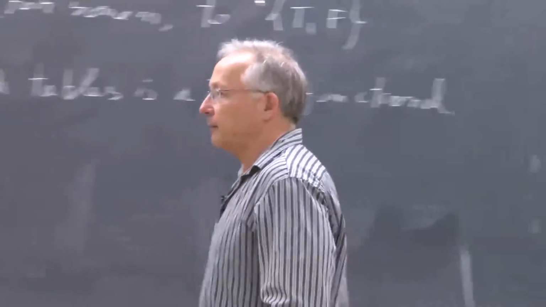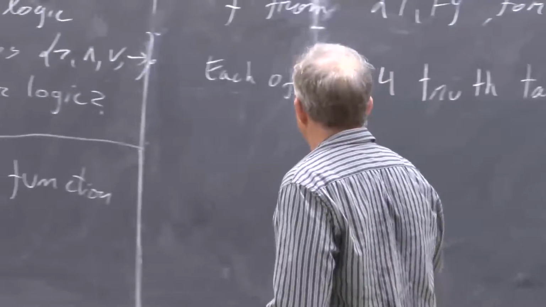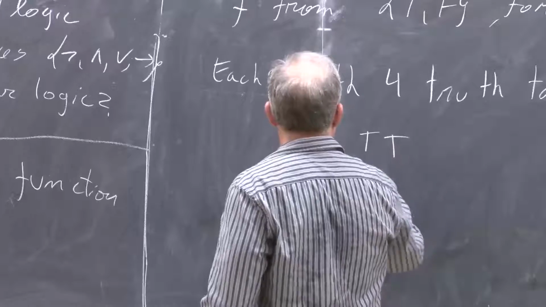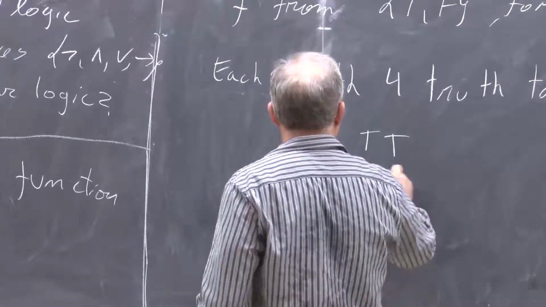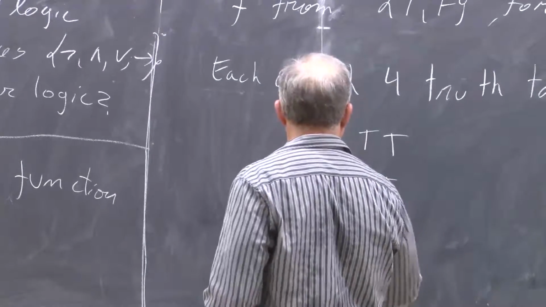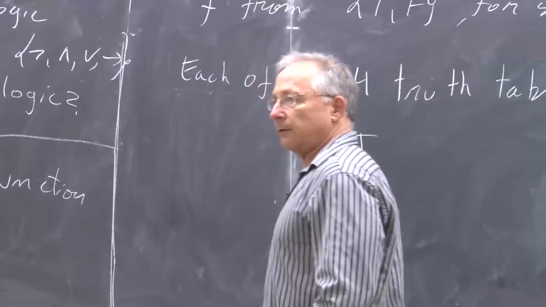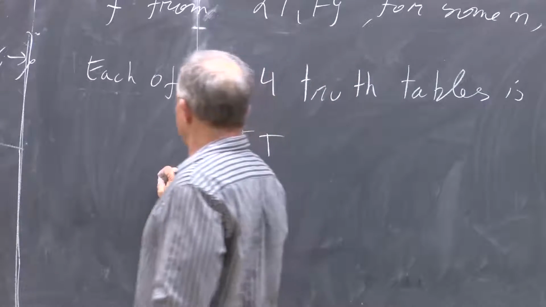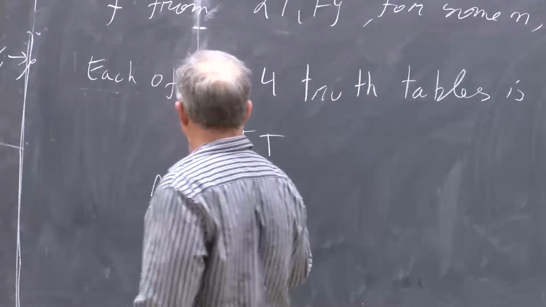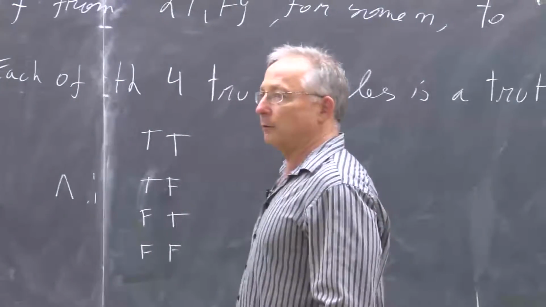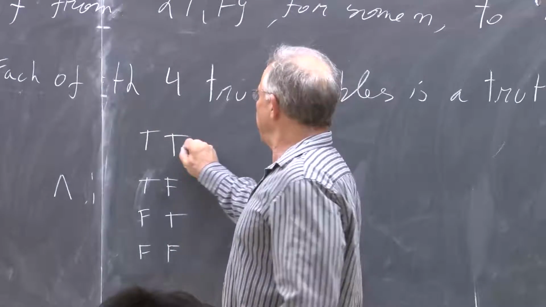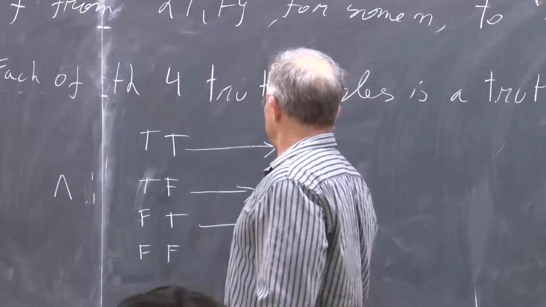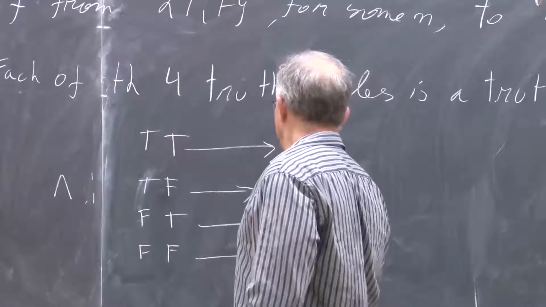So we can think of it this way: if I have 2 values, I have here tt, tf, ft, ff, and a truth function maps them. If I look at the truth function of and, it goes from these 4 pairs and maps this one to true, this one to false, this one to false, this one to false.